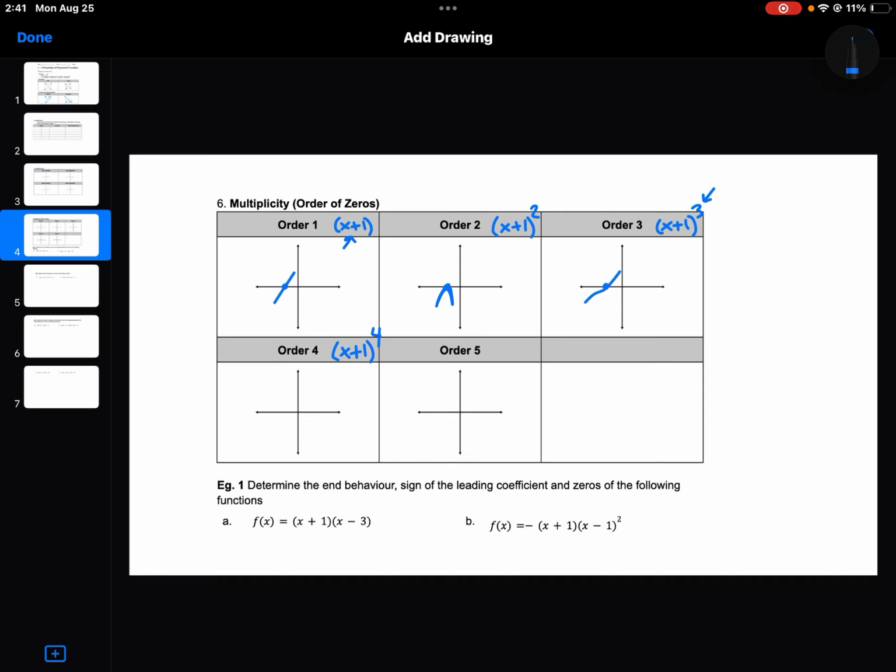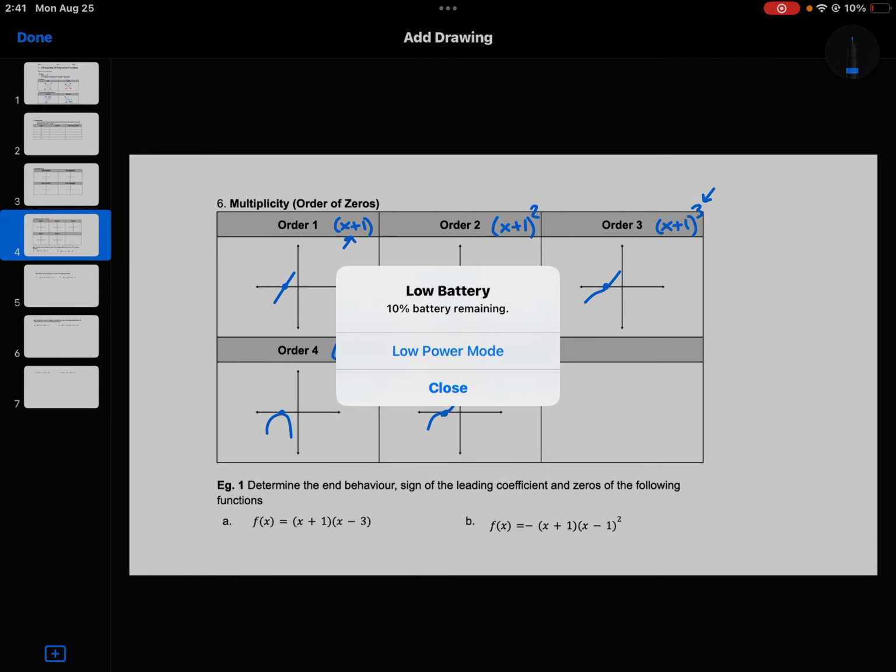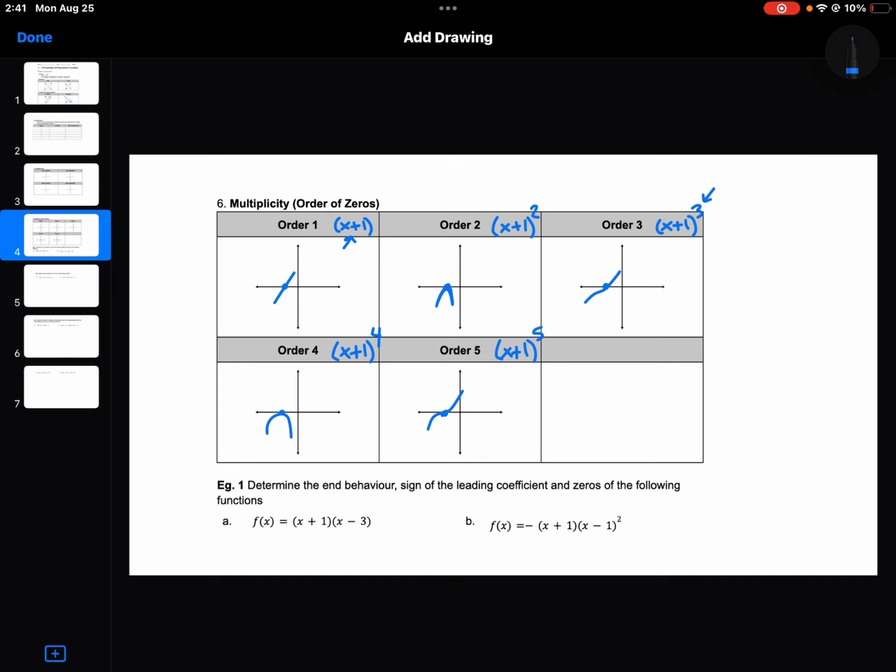So still, the point of interest is at x equals -1, but this time it behaves like a quartic and touches the axis but does not cross. Okay, order 5, much harder to draw, but for our purposes, we just need to show that it wiggles as it goes through. Odd roots with odd multiplicities cross through the x-axis. Roots with even multiplicities touch the x-axis.